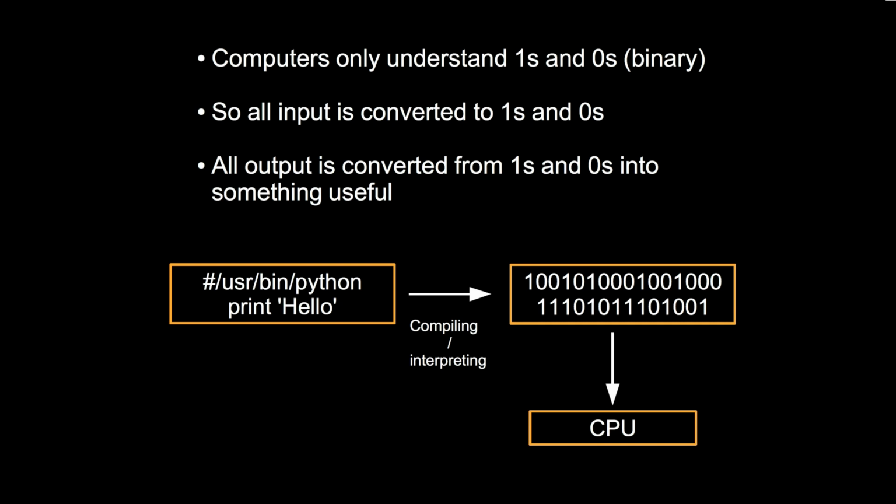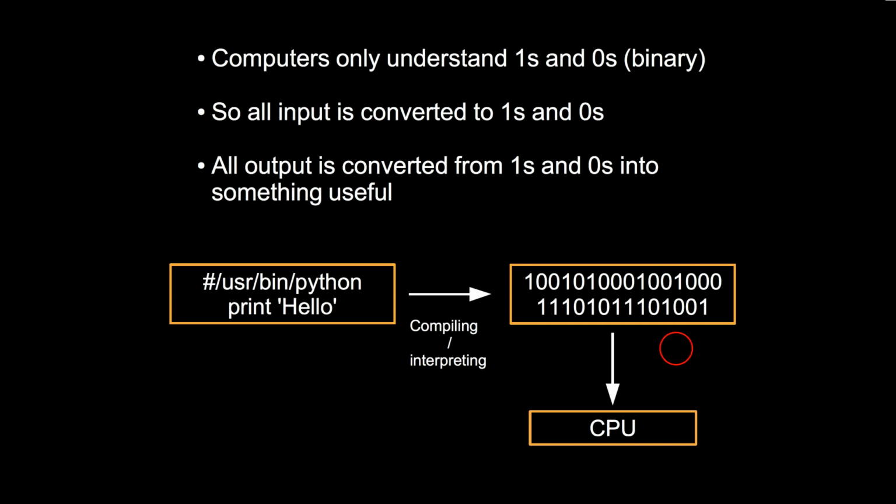It's important at this stage to keep in mind that computers only understand ones and zeros, or what's known as binary. So all input is converted to these ones and zeros, and all output is converted from ones and zeros into something else.